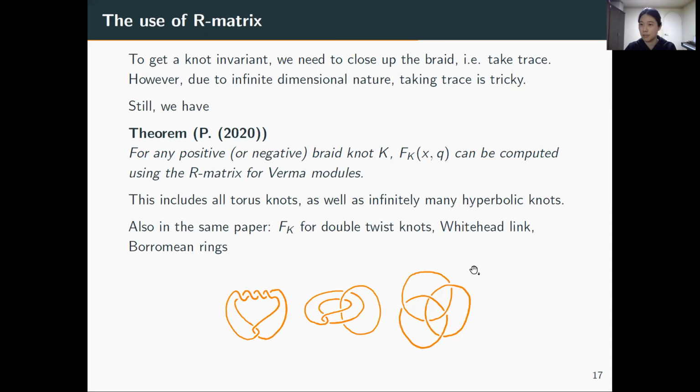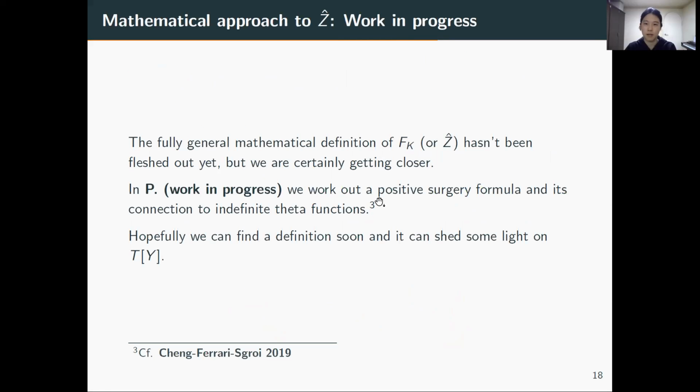I have a closed form formula for Borromean rings, Whitehead links, and any double twist knots, and also worked out some positive surgery formulas, which was previously a bit of an issue because we couldn't ensure the convergence, but I found some way to deal with it. Hopefully we can find a definition soon, and I hope it can shed some light on the physics of T of Y as well.